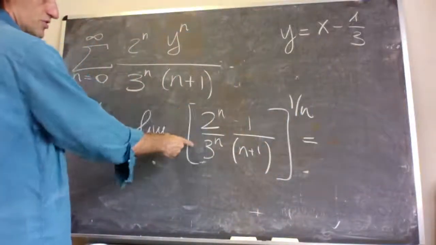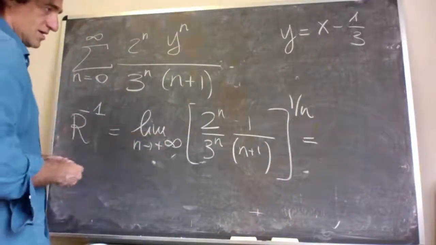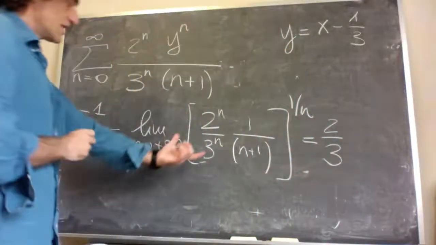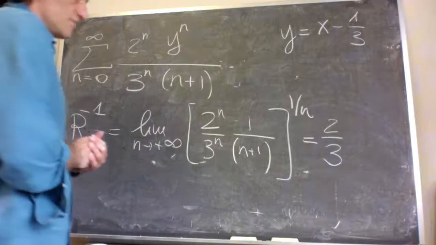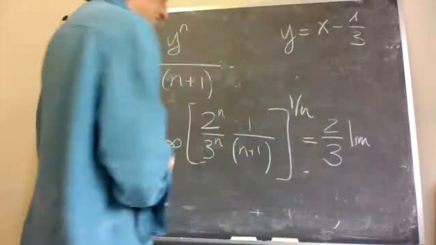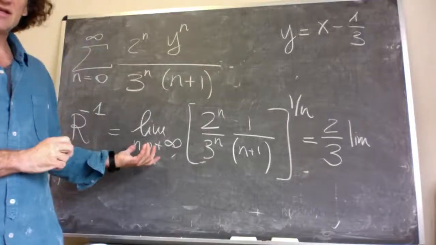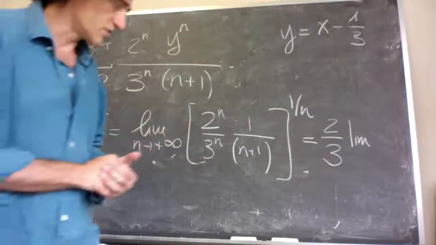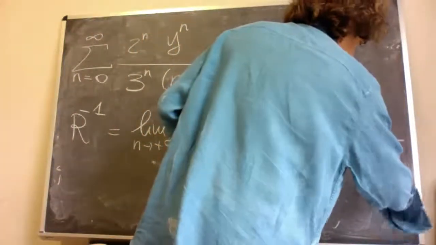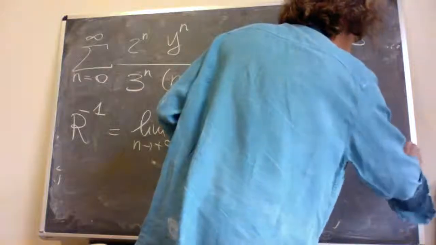And so, of course, 2/3 can be gathered outside the sign of limit, and then we have the limit. I will not write again n goes to plus infinity because it cannot be different from that. So we have 1 over n plus 1 to the power 1 over n.